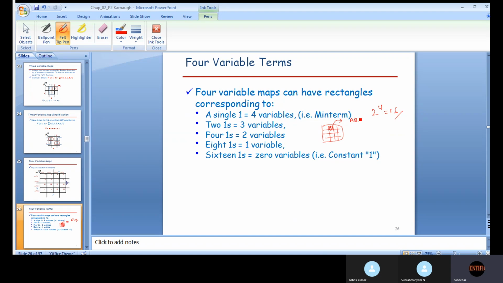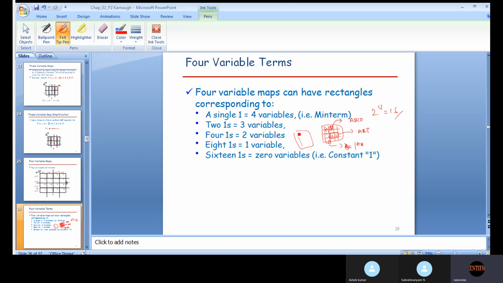It might be a b c d, something like this. If two blocks are having ones, it is representing three variables, a b c something. I'm just giving an example. If four ones, 1 2 3 4, the equation will be having two variables, either bc or ab something like that.